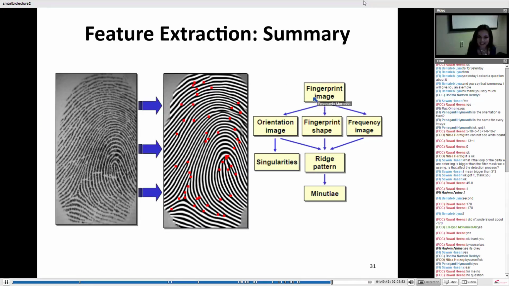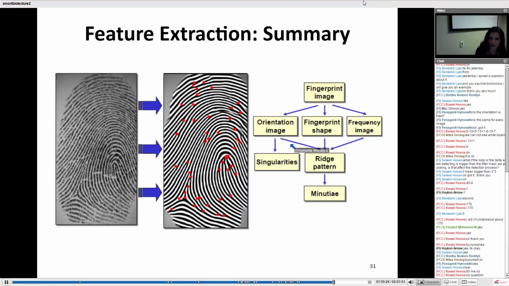At this point we can have a little summary of the feature extraction. We started from the sensed fingerprint image. Then at level 1 features, we need to compute the orientation of the image, and from the orientation we can detect singularity points. Then we have the second level of feature extraction, the fingerprint shape, so we need to locate the ridge pattern.